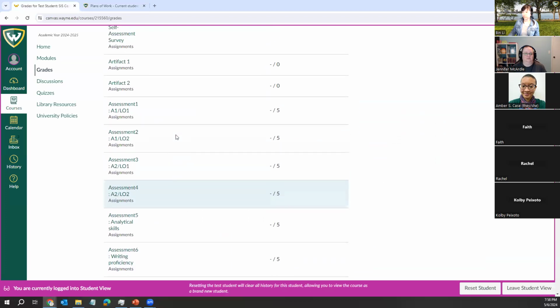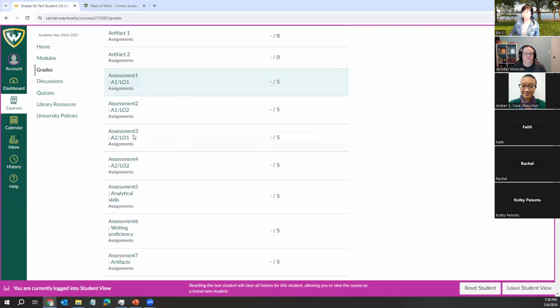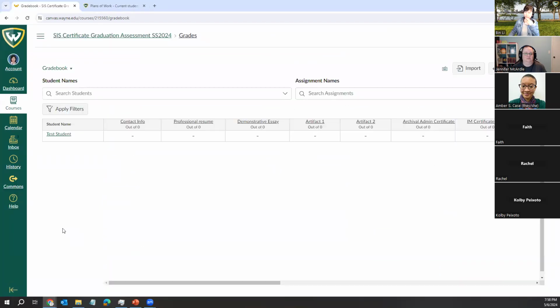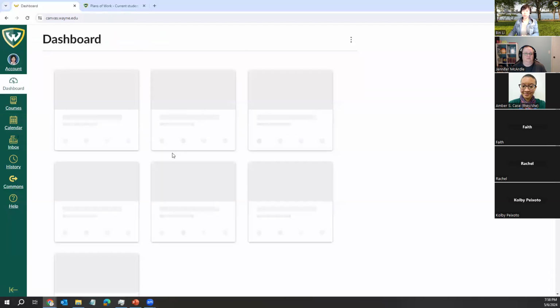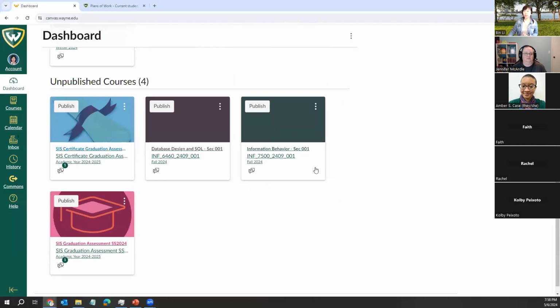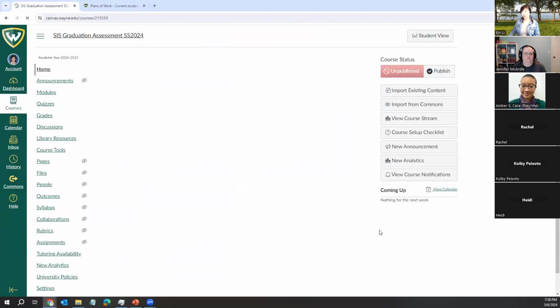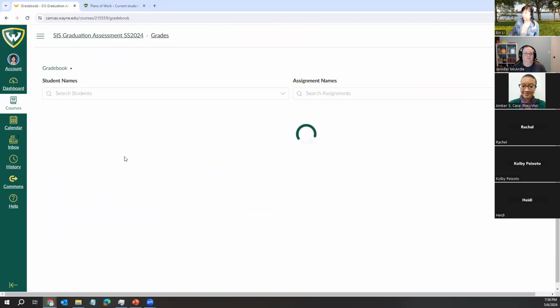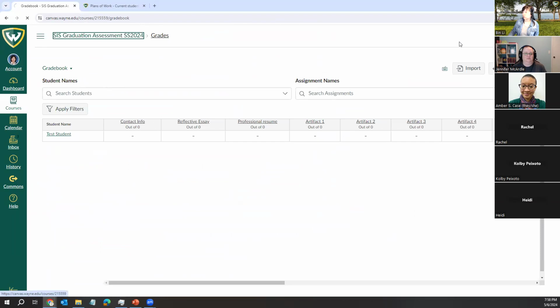Yes, this is the certificate one. So it's not about the artifact. It's more about how you learn from that artifact and how that shows you mastered or are proficient in that learning outcome.